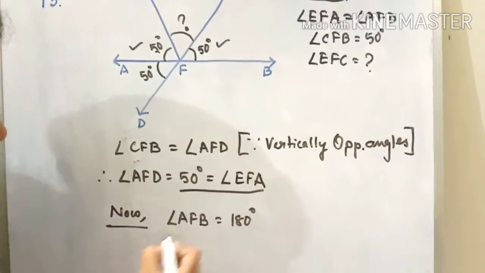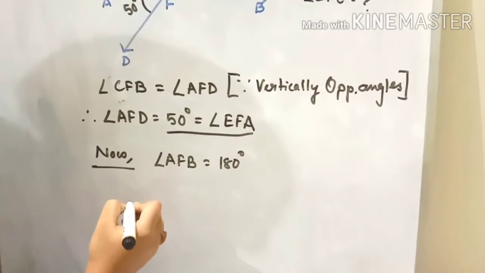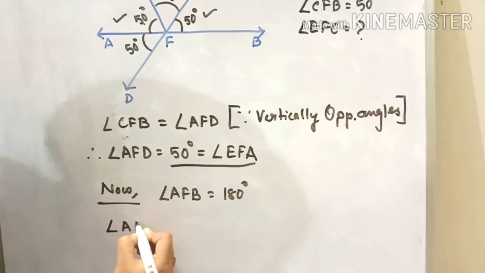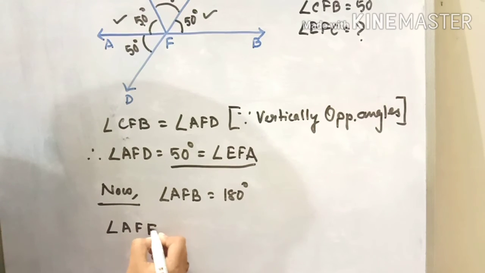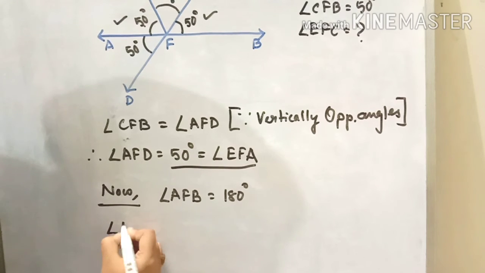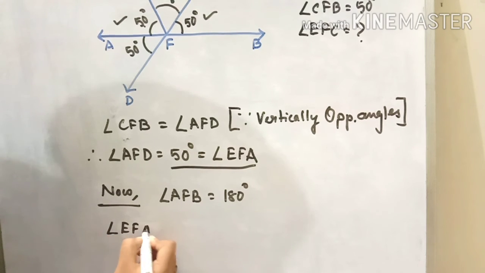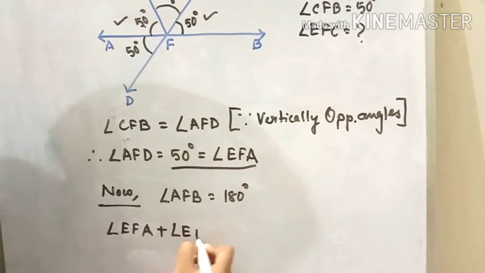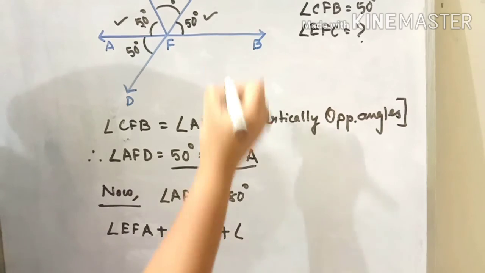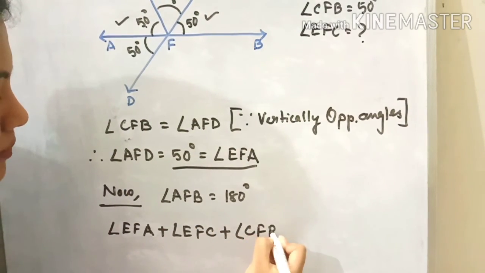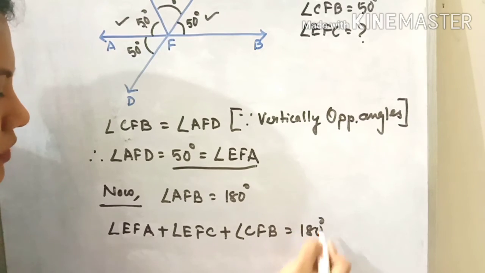Now we know that this angle has been divided into AFE or EFA. Let's write the same. EFA plus angle EFC plus angle CFB is equal to 180 degree, right?